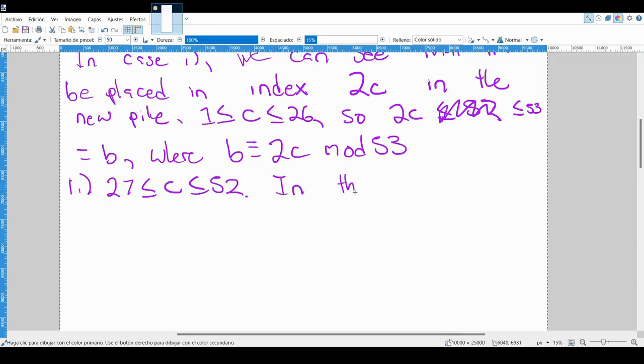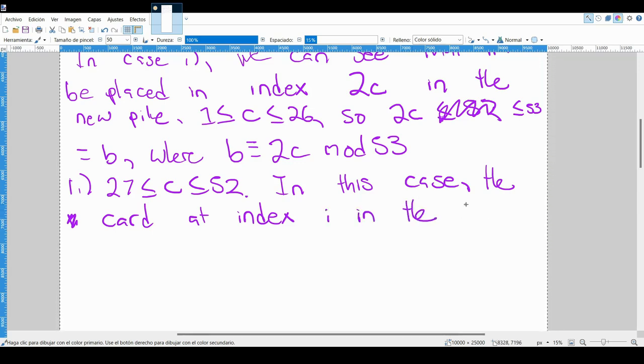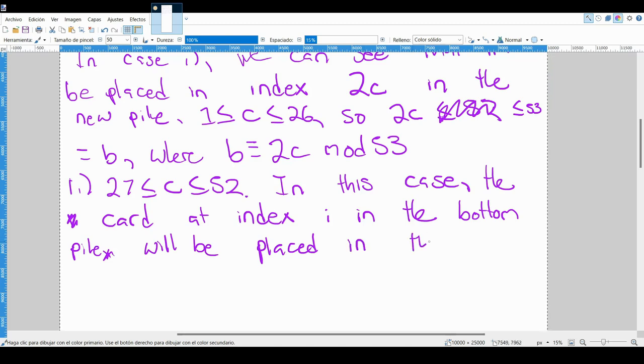In this case, the card at index i in the bottom pile, so we are only considering the bottom pile, will be placed in the new pile before the card of the same index in the top pile.